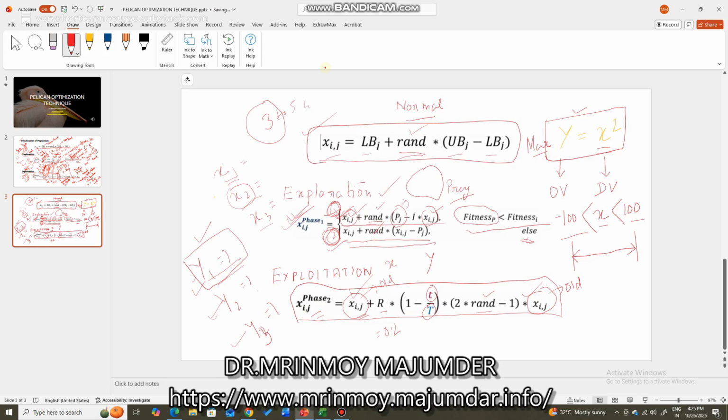And each agent can be n-dimensional. That means it can be 1D, 2D, or 3D, so each x can hold more than one value.